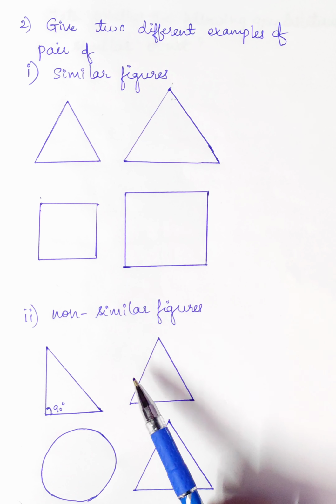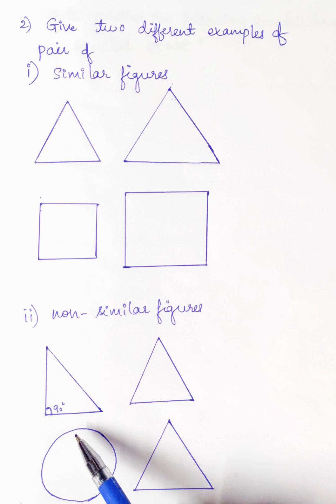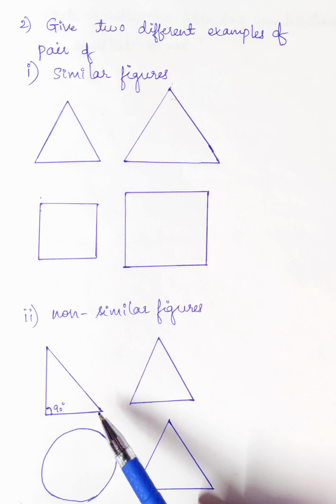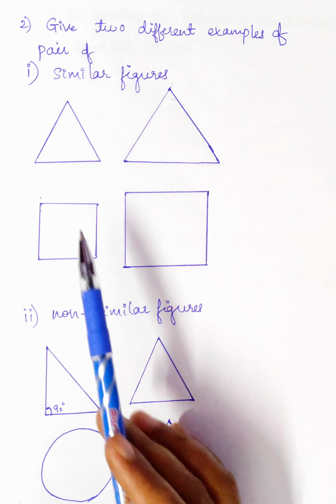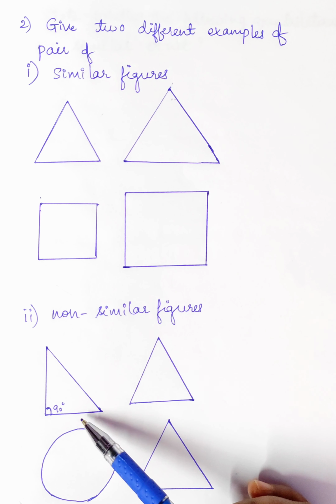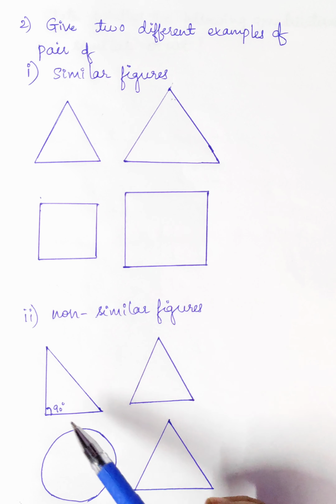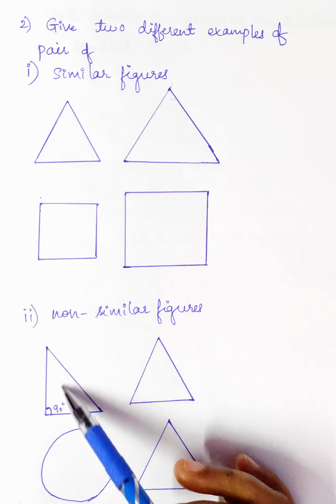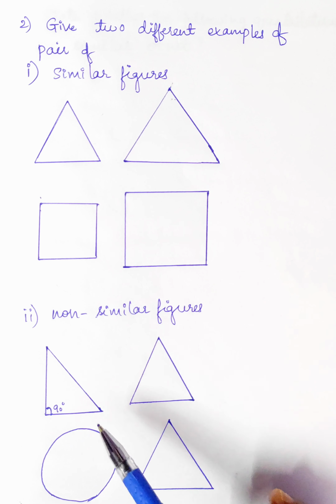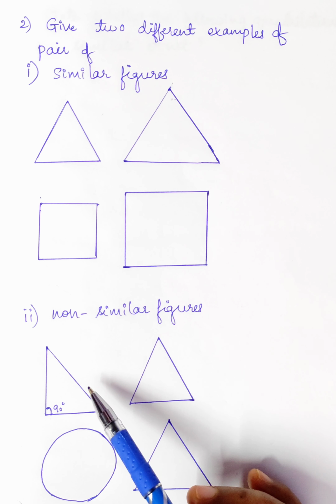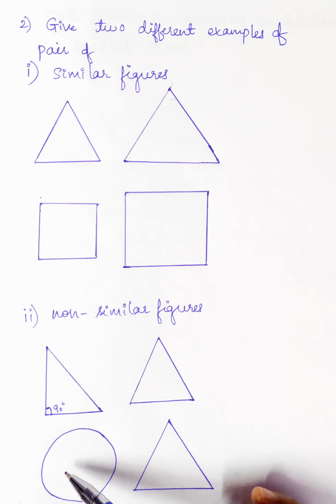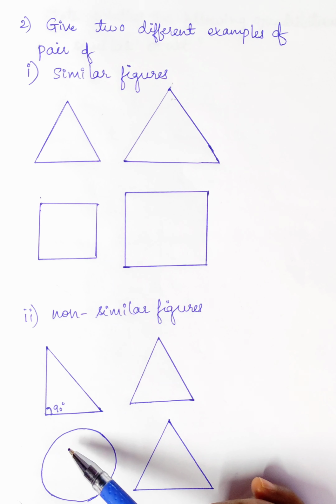You may think even a circle is a closed figure so it is a polygon. No, a circle is not a polygon because it is curved in shape. The condition for a polygon is that the figure should be bounded by straight line segments, like a triangle, square, right angle triangle, equilateral triangle. Such figures are called polygons, not the circle. Is this clear to you?